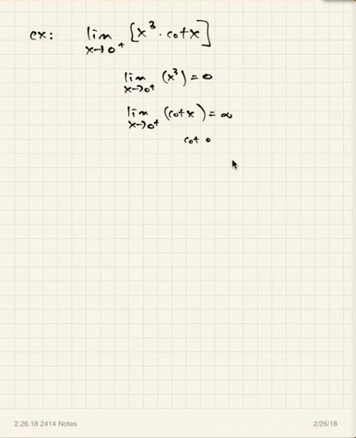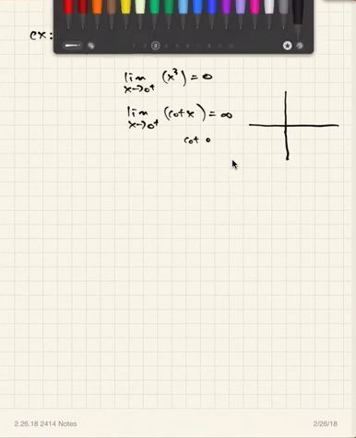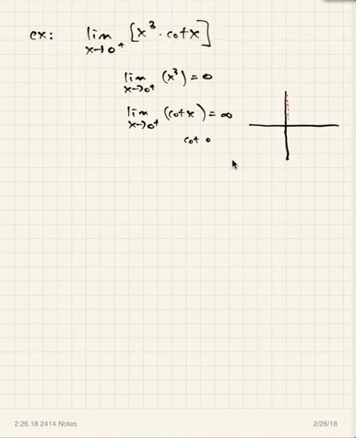If you think about the graph of the cotangent function, in case you have forgotten, and it may have been a while since you've dealt with the cotangent function, but cotangent kind of looks like this, right? And it has vertical asymptotes at x equals 0 and x equals pi.